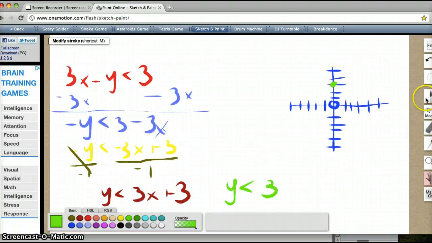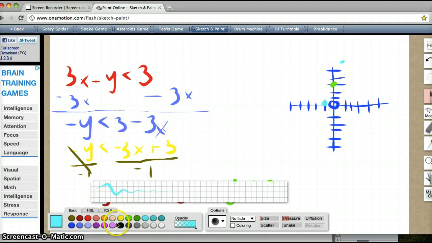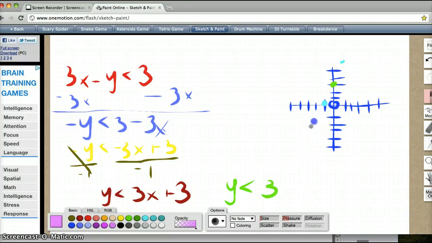So we rise 3 and go over 1, and then we go down 3 and go over 1. Now we don't have an equals on the bottom here, so our line is going to be dotted. So let's dot our line through our points.